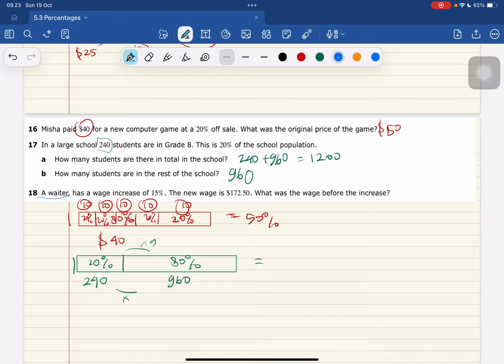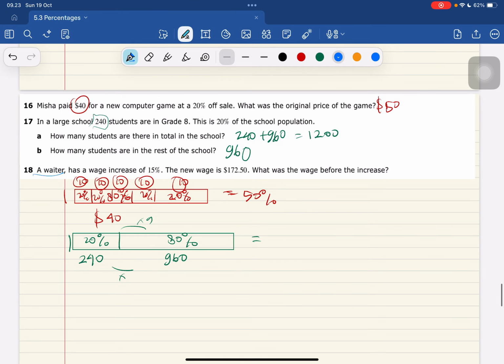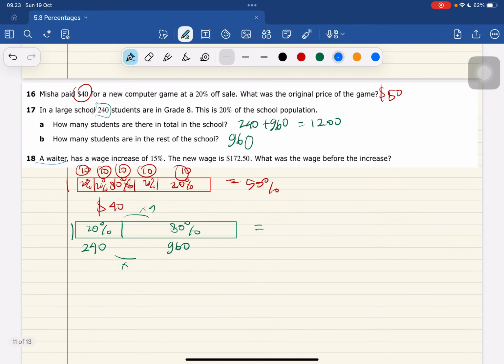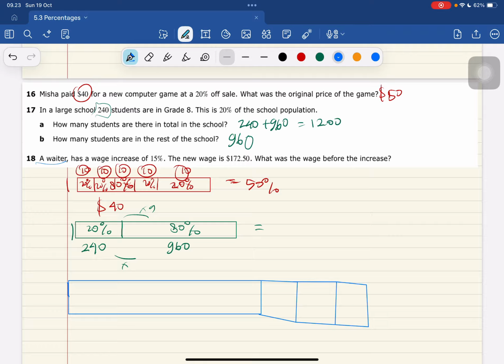Next, a waiter has a wage increase of 15%. The new wage is 172.5. What was the wage before? Okay, increase by 15%. So we can make a square again like this. This here means the increase. So this is 15%, so 5%, 5%, 5%.